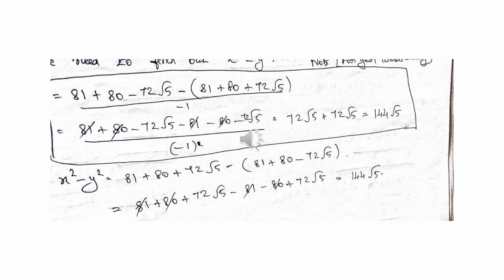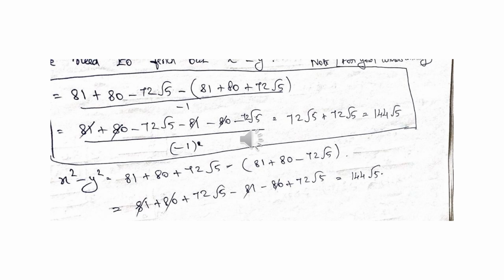Third sum is 1 by root 3 minus root 2. Here in the denominator two terms are there, root 3 minus root 2. Okay, so we need to take exactly the opposite sign, that is root 3 plus root 2, and with that the numerator and denominator should get multiplied.